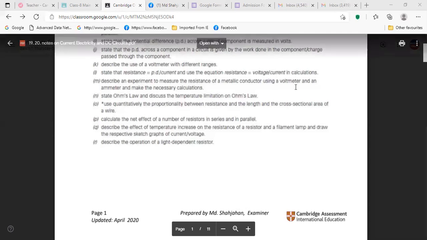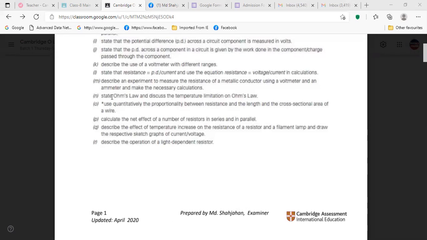Okay, we will link this idea, Ohm's law, with this learning outcome M, where we have an experiment to understand it. Actually, Ohm's law came from this experiment.